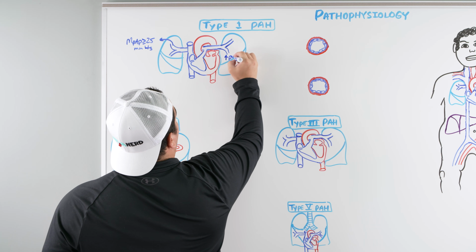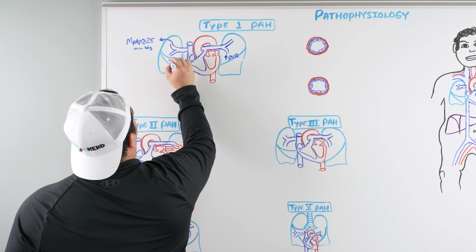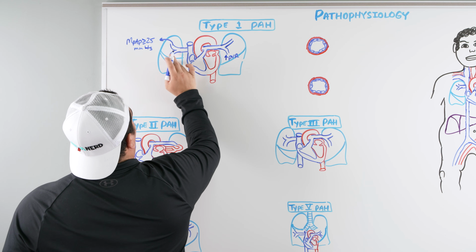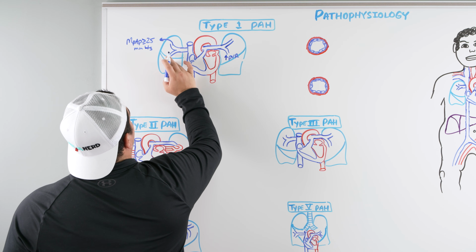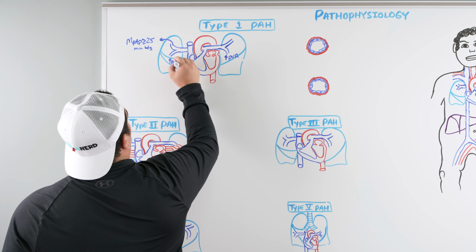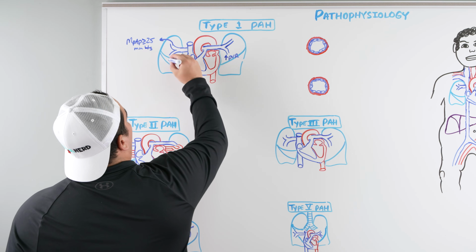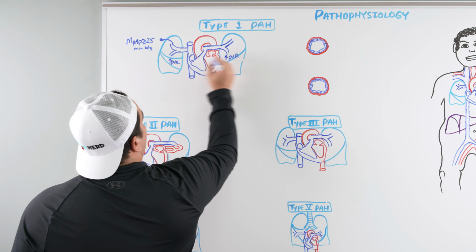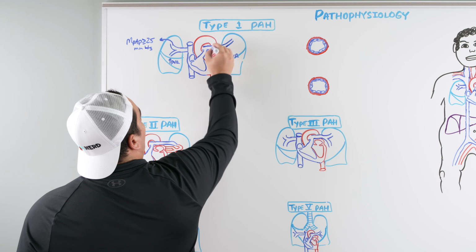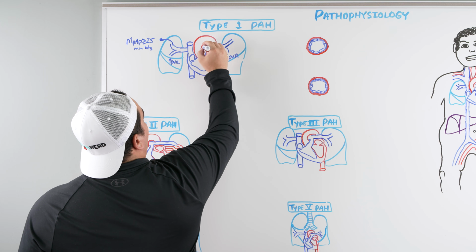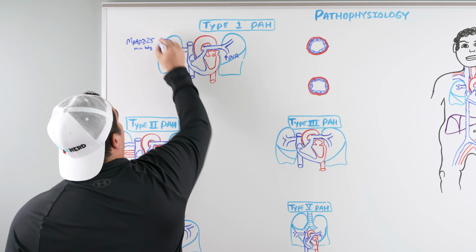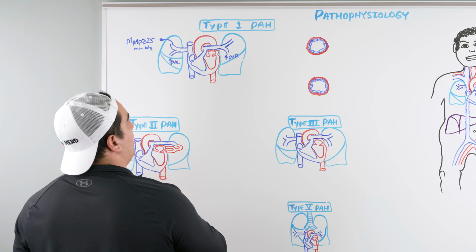As you increase resistance to blood flow, what does that do to the pressure? It increases the pressure. So as I increase the pulmonary vascular resistance, I increase the pulmonary artery pressure, to at least a mean greater than or equal to 25 millimeters of mercury.